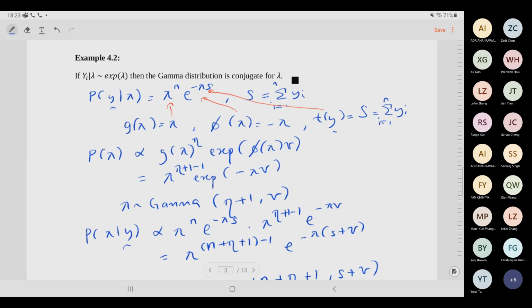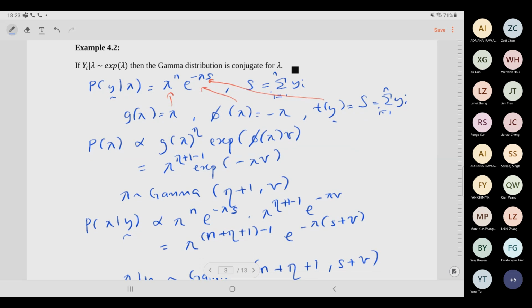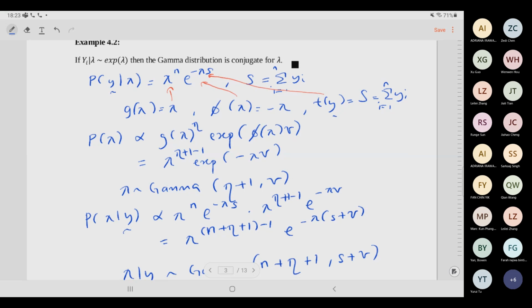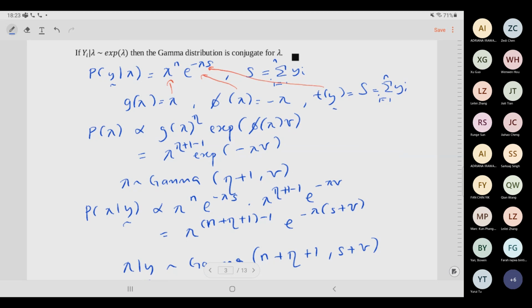So gamma will be conjugate for exponential and gamma will be conjugate for Poisson. Of course, the difference is for Poisson your y is discrete, but for exponential your y is continuous. So just be careful about the data because the data might be discrete or continuous.